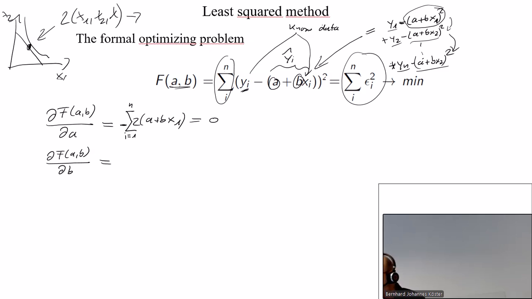And then f of a, b with respect to b. What is the derivative with respect to b? So if you just look at this part here, (a plus b times x1) squared.